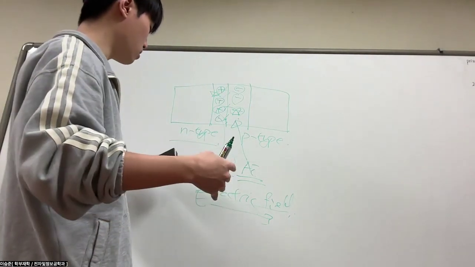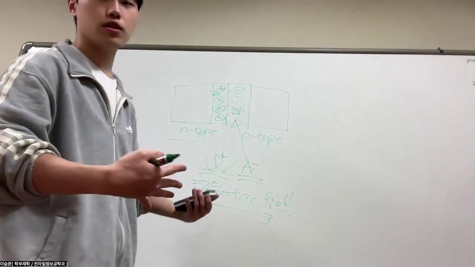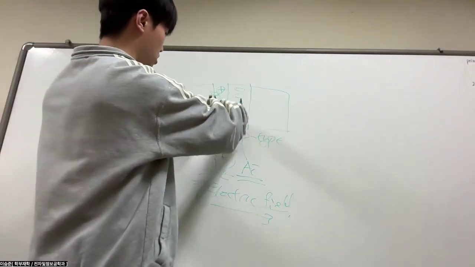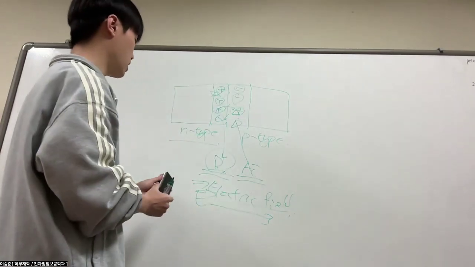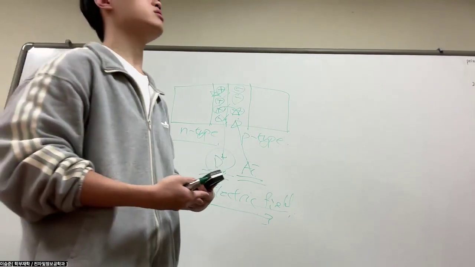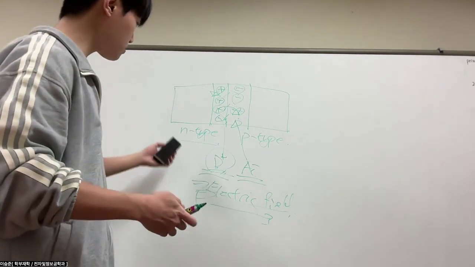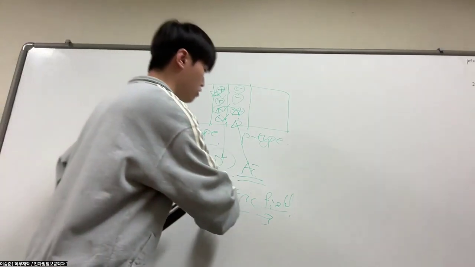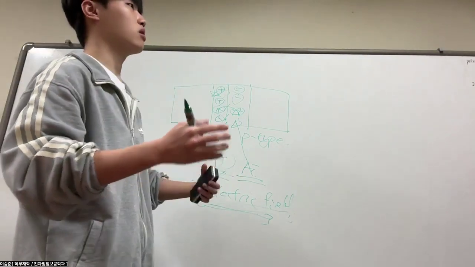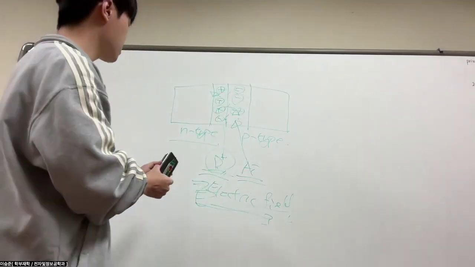So when the electric drift current and the diffusion current become equal, the diffusion stops, and there is no current flowing. So when the electric field happens, the energy band goes up.